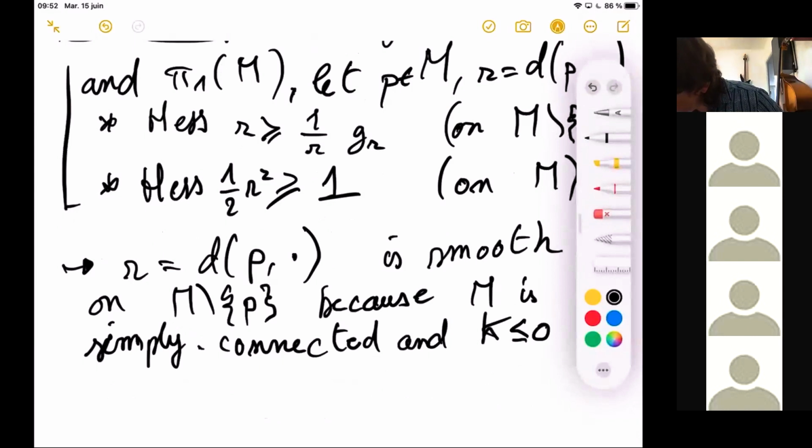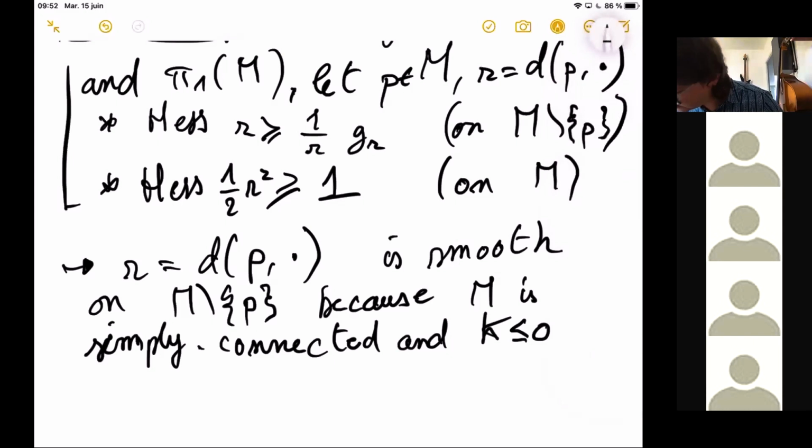Because M is simply connected and K is negative, okay? Yeah, and this is the Cartan-Hadamard theorem, which is maybe the most clear proof of that.